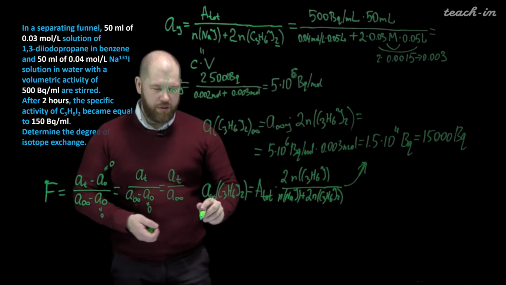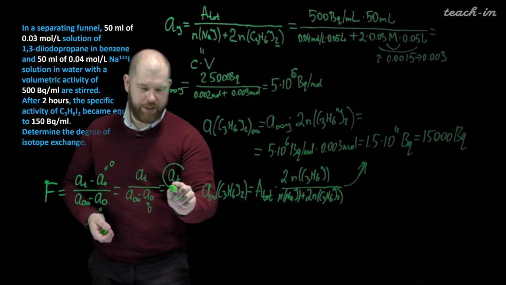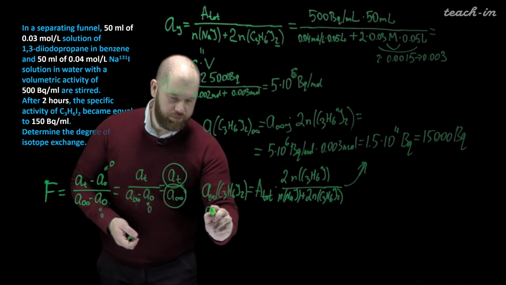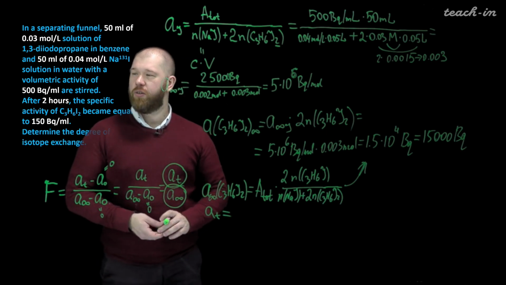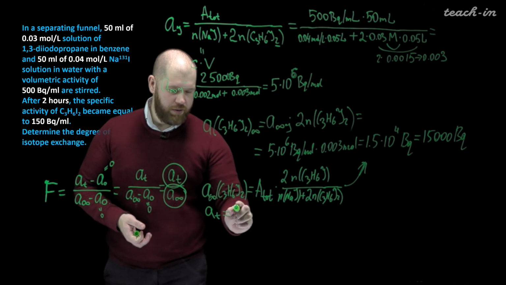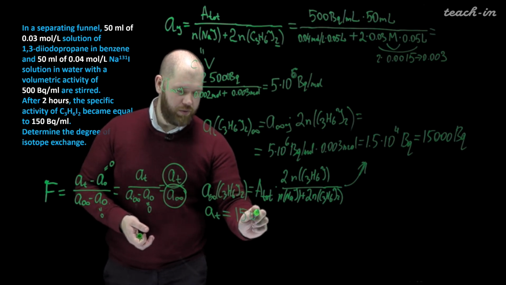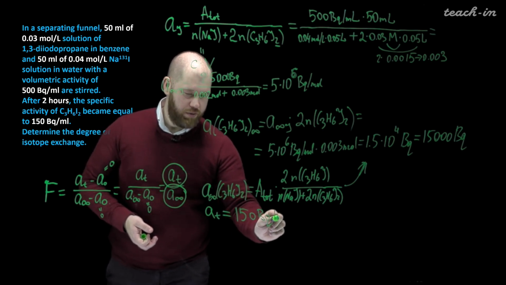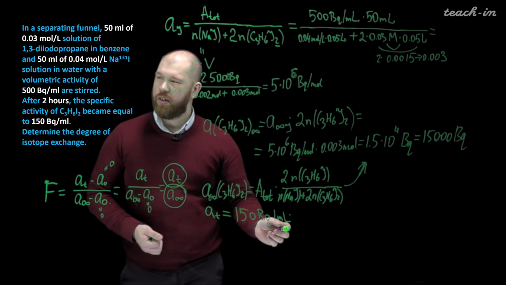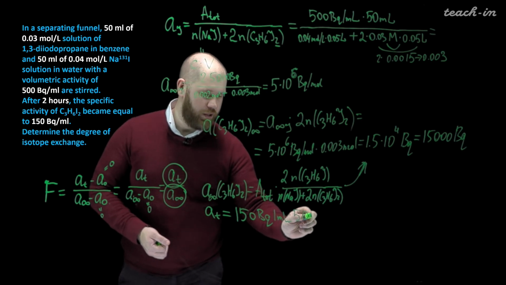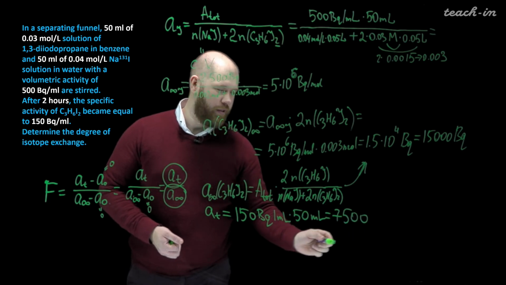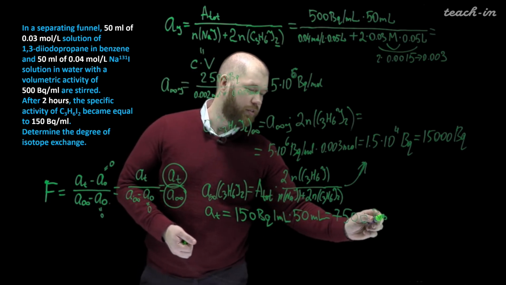And now we know both activities. The activity at the certain moment we already calculated. It is simply the activity of the solution multiplied by the volume of this solution, 50 milliliters. So it is 7,500 becquerels.